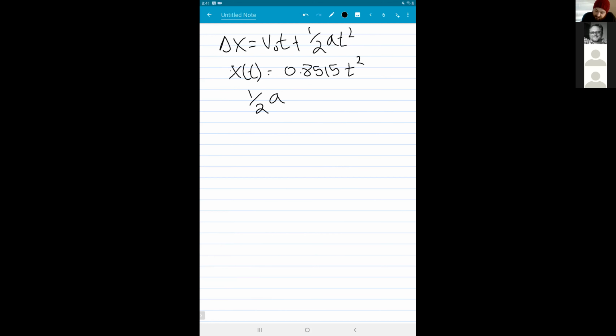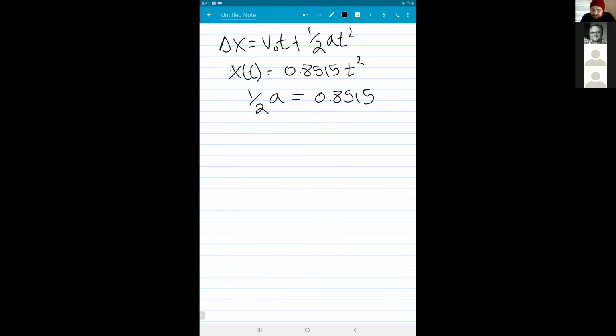Well, if we expected that to be of the form delta x is equal to v naught t plus 1/2 a t squared, and we got that our x of t, which is just another way of saying it really, was 0.8515 t squared, then we have a pretty good guess here that this 1/2 of a is probably 0.8515, right?